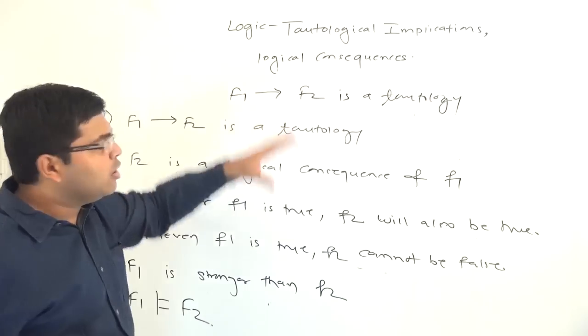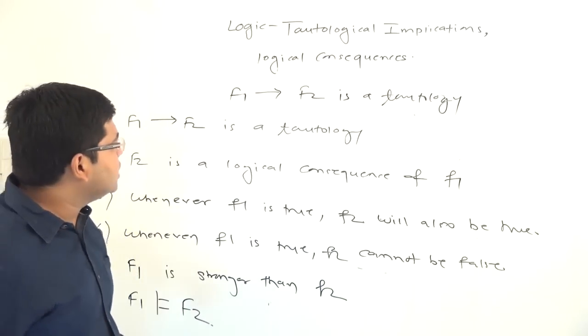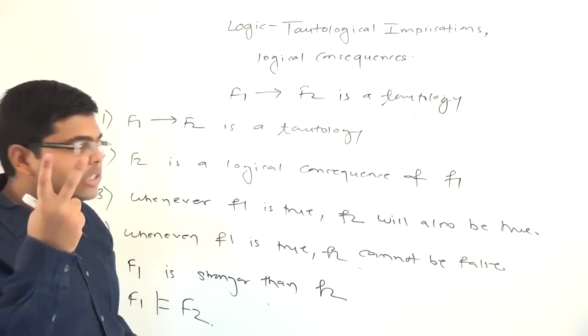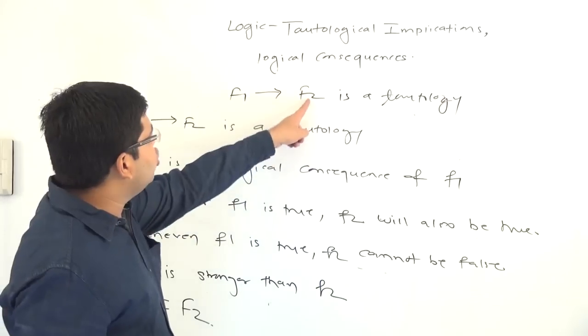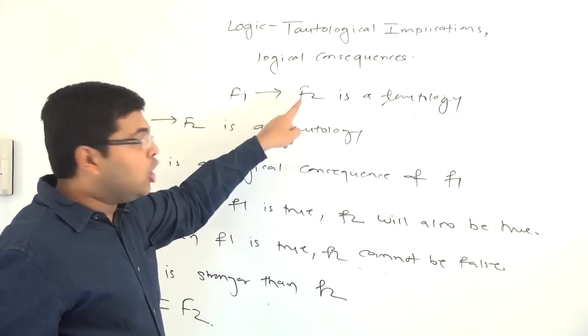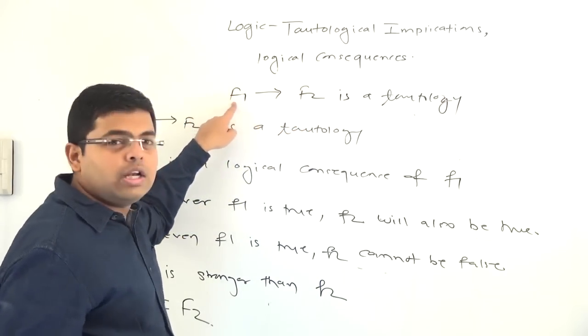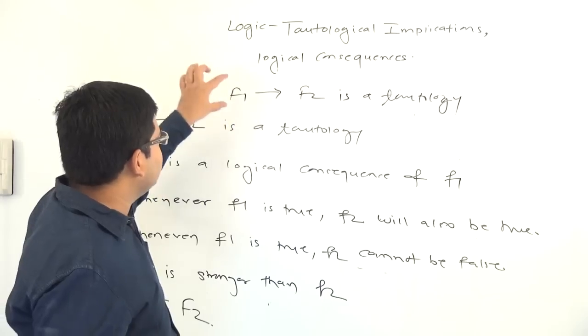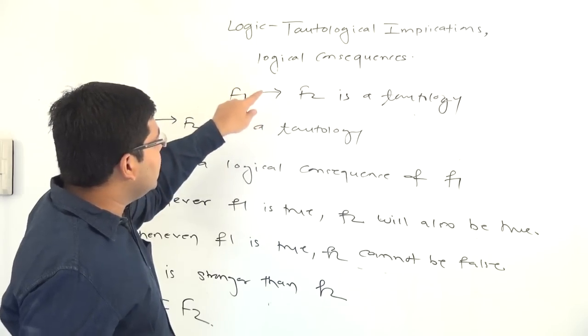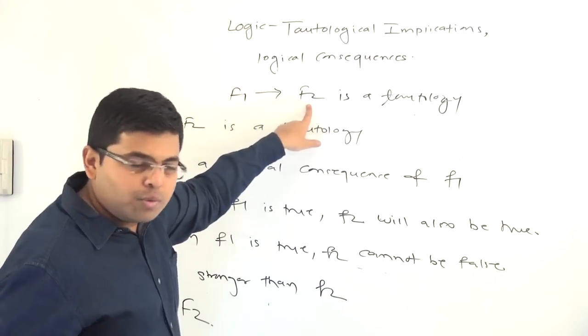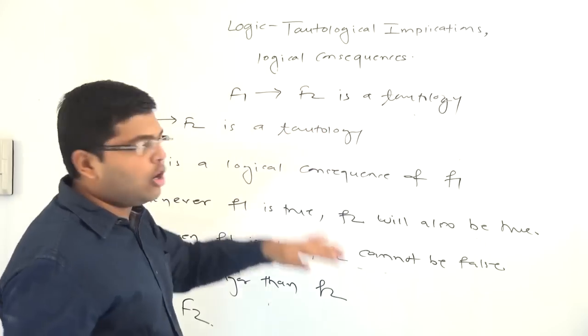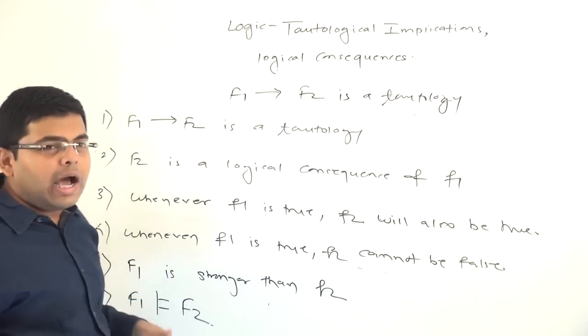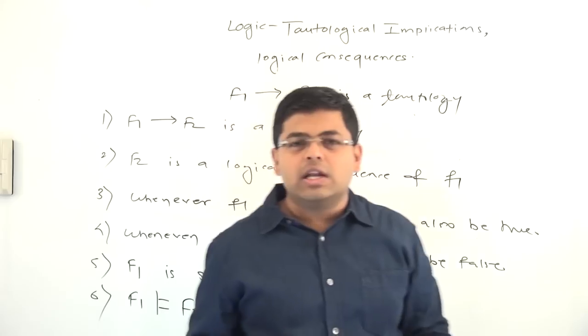So such formulae will be called tautological implications, and there are two more things that can be said. Number 1, F2 is a logical consequence of F1, and another thing that can be said is F1 logically concludes F2. Whenever F1 is true, F2 cannot be false. Such formulae are called tautological implications.